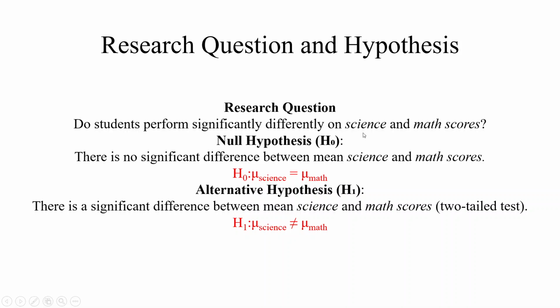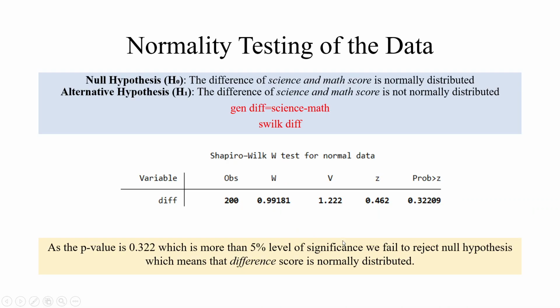You can also have before the treatment and after the treatment, before implementing the policy, after implementing the policy. H0 is mu science equal to mu math. Alternative is there is a significant difference between mean science and math scores. The two-tailed test, so the possibility can be on both sides. So H1 is mu science not equal to mu math.